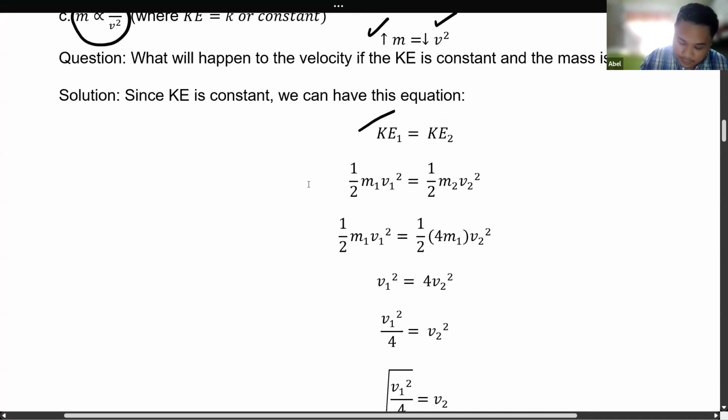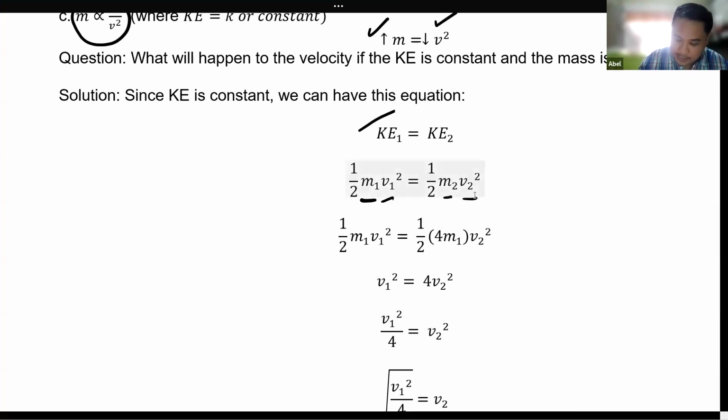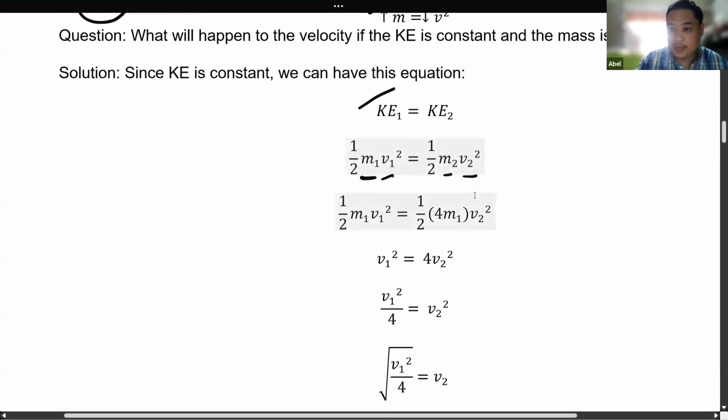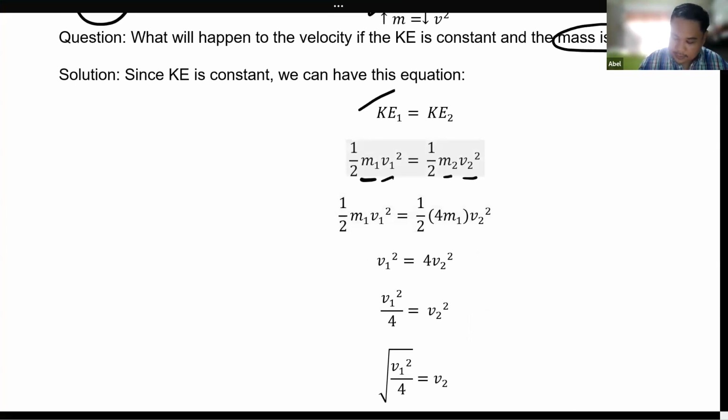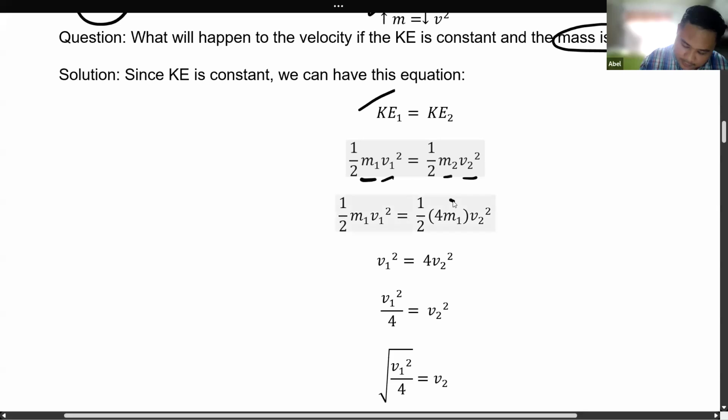1/2 m1 v1 squared. Take note of the 1 here, and then the m2 and v2 squared. Now, from the problem, we have mass increased 4 times. So we have 4 times the m1 for the m2.